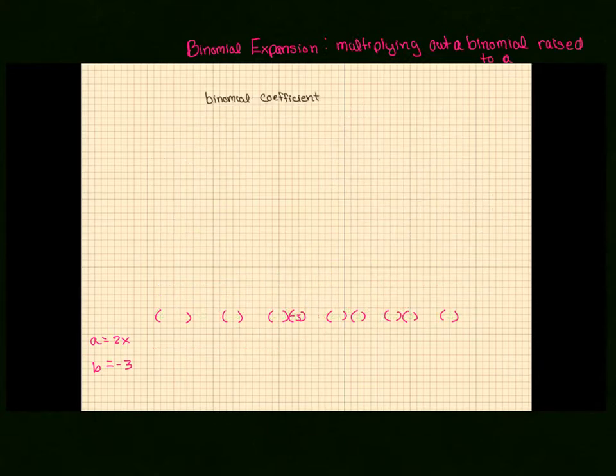Although Pascal's triangle is really easy to create and keep going with, who really wants to go on forever, say if we were going to raise a binomial to the 100th power. So we actually have a shortcut for finding a binomial coefficient, a coefficient in a specific location.